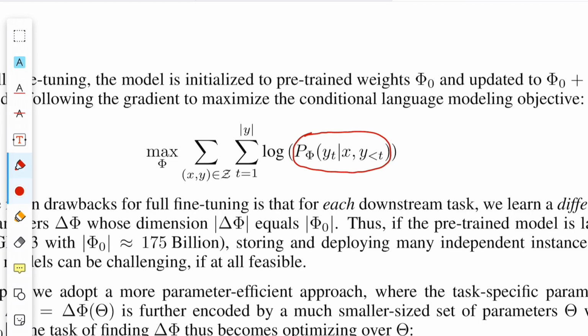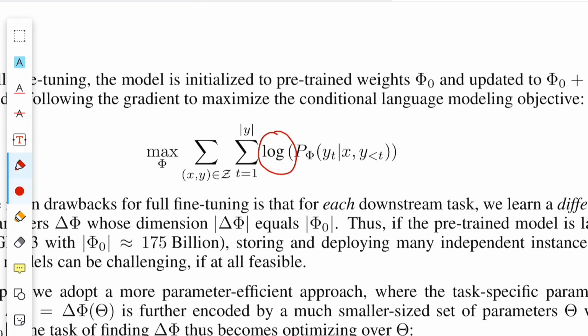We want yt and y as close as possible. So this is a real number that measures the closeness. Maybe the value is 0.1, 0.2, something like that. And we are going to use a log function on this value. Why do we use a log function?